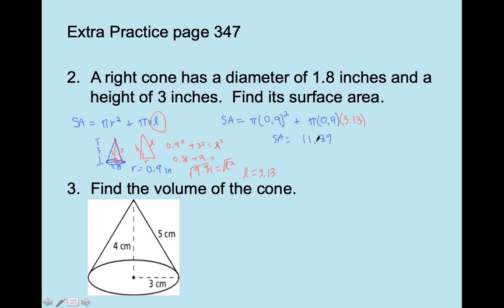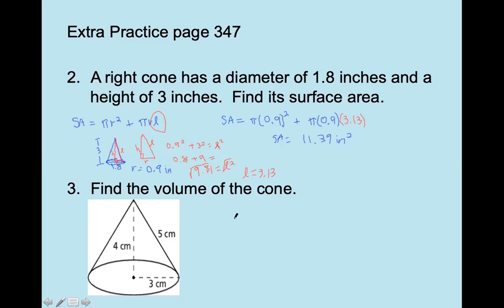And again, surface area is area, so our units are square units, and in this case, square inches. And again, this was 0.81 times pi plus 0.9 times 3.13 times pi. I add those measurements together and I get 11.39 inches squared.